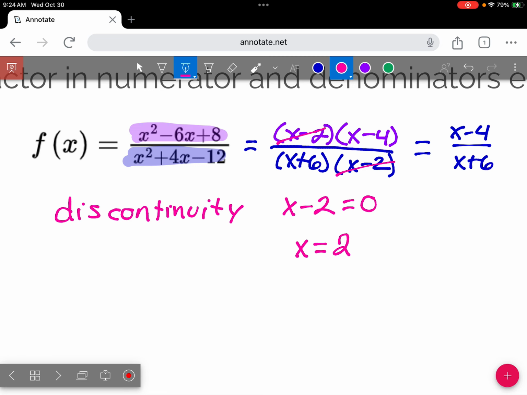Substituted in where? Our leftover bits. Substitute it into your leftover bits. So we're going to take our 2, and we're going to have 2 minus 4 over 2 plus 6.